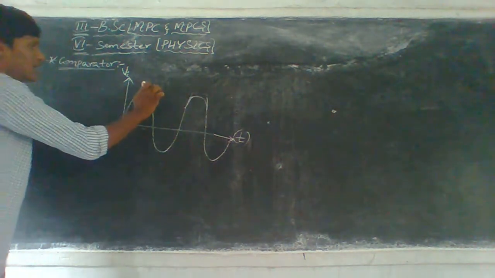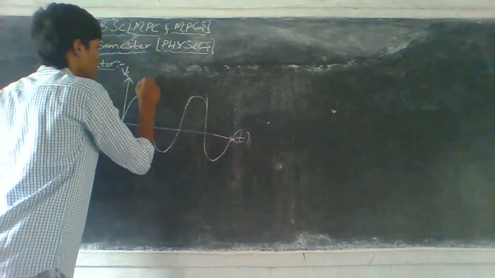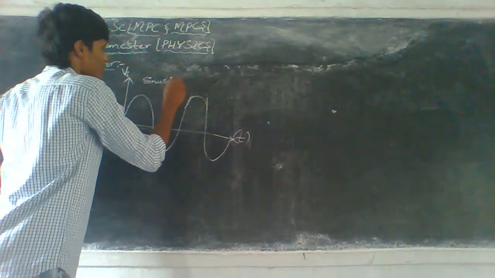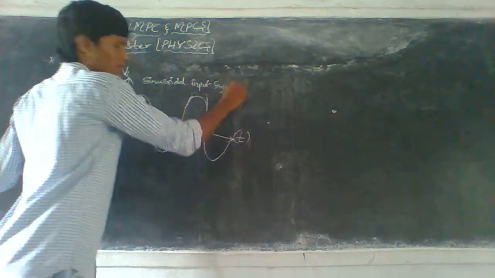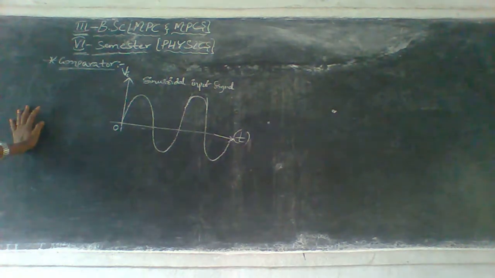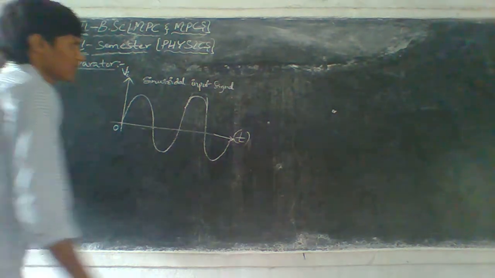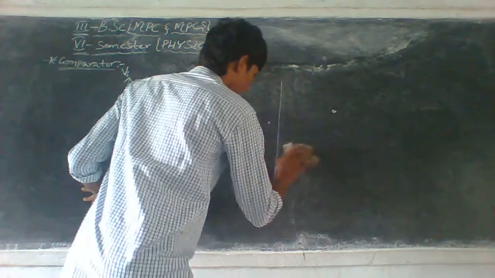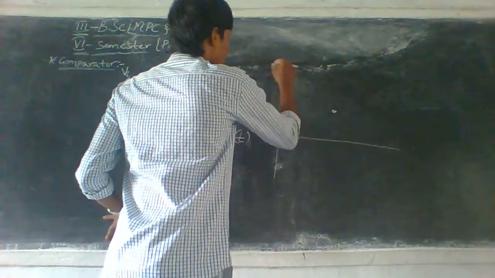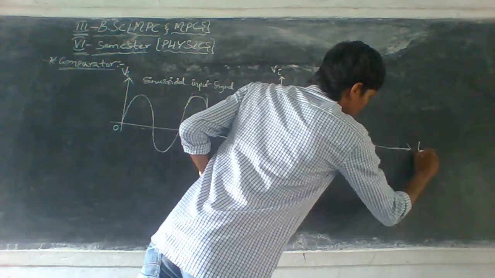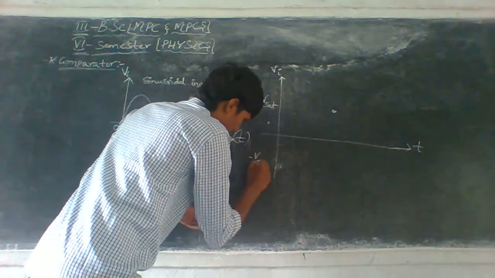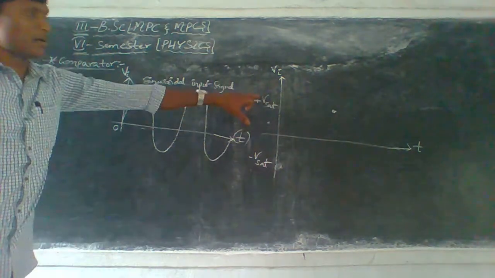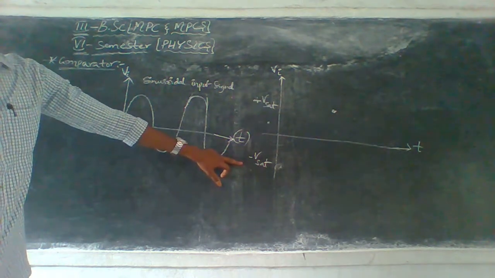Here this is a sinusoidal input signal. Here this is plus V sat and this is minus V sat.